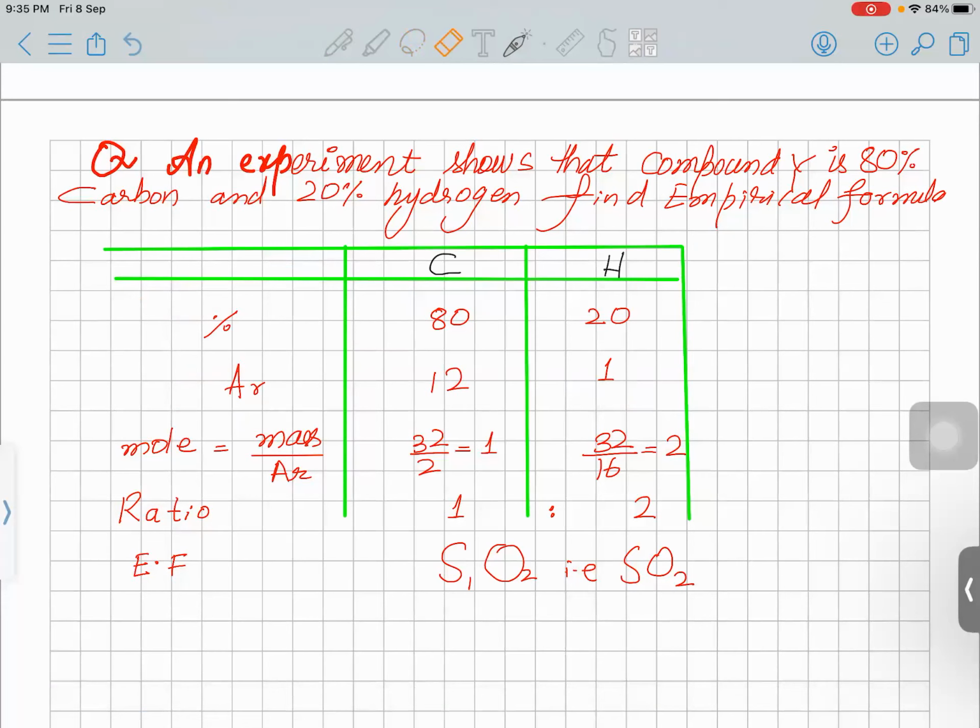So moles, 80 divided by 12, 20 upon 1. Can you tell me the value? 80 upon 12 is? 6.67. 20 upon 1 is 20.